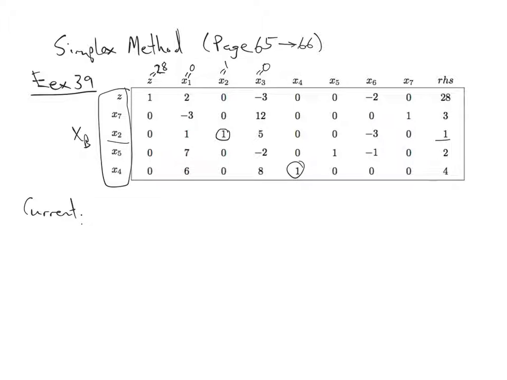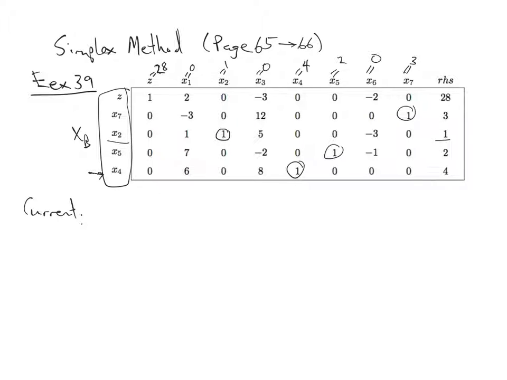x4 is currently 4, and x5 is currently 2. x6 is non-basic at 0, and x7 is equal to 3. Each of those facts about the basic variables follows very simply.